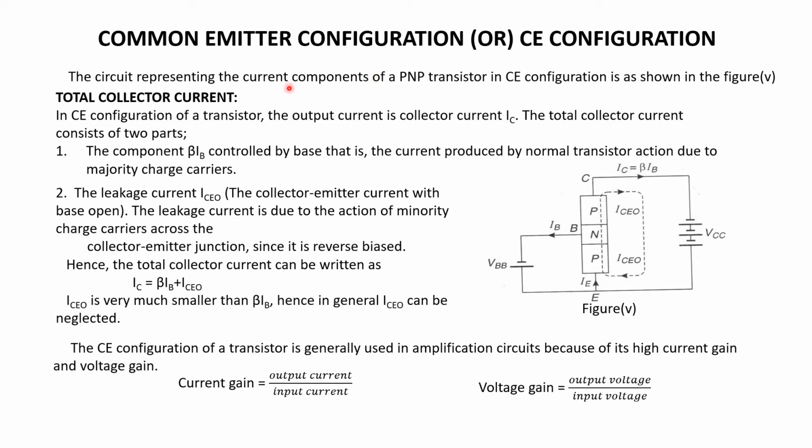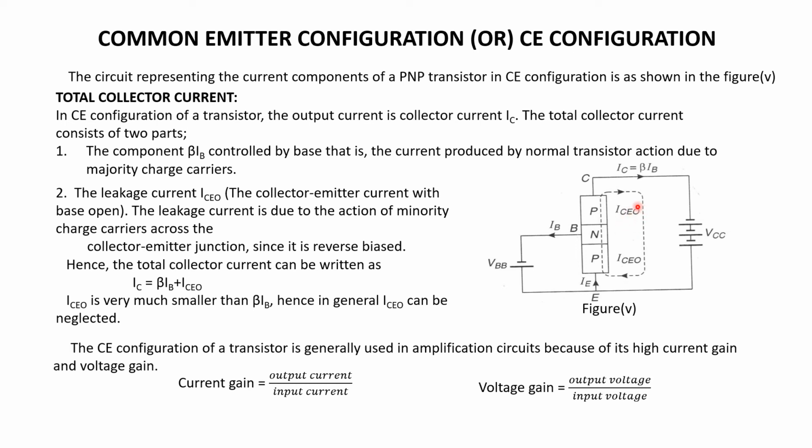Here also the output current IC has two parts. One current is due to majority charge carriers, beta IB, and the other is due to leakage current, collector to emitter current with base open. Here the input voltage is disconnected, this battery is disconnected, hence the current is only due to minority charge carriers, that is said to be ICEO, collector to emitter current with base open.